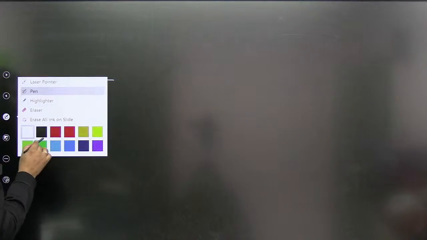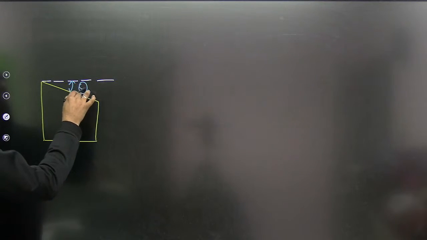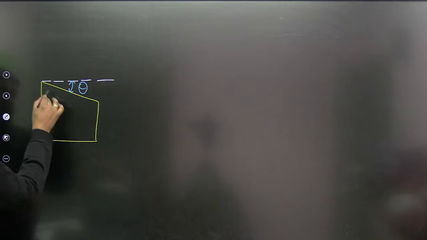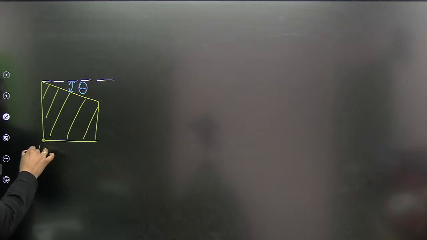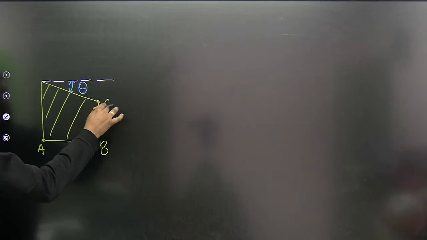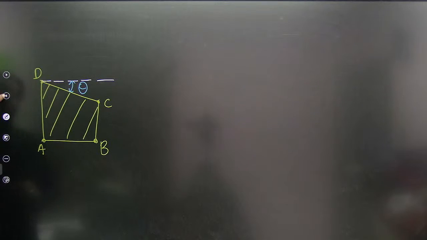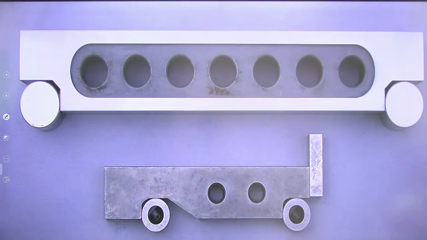Let us say this angle is theta. You want to measure this angle theta of this wedge. Let us say that point is A, this point is B, that point over there is C, and this point is D. Now you saw a sine bar like this.